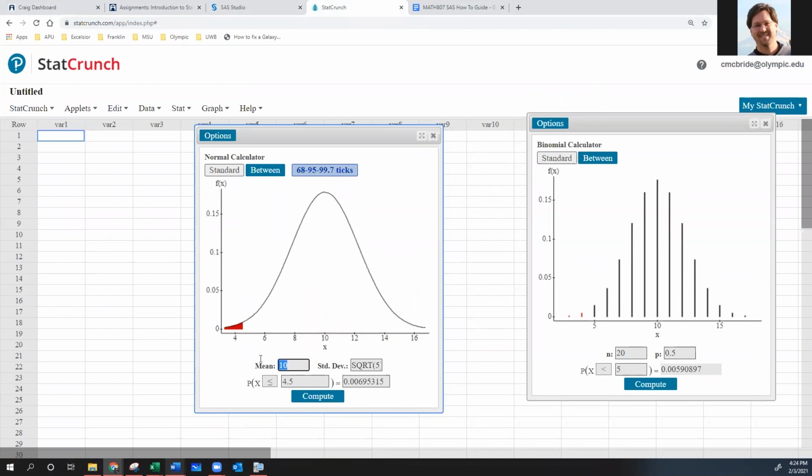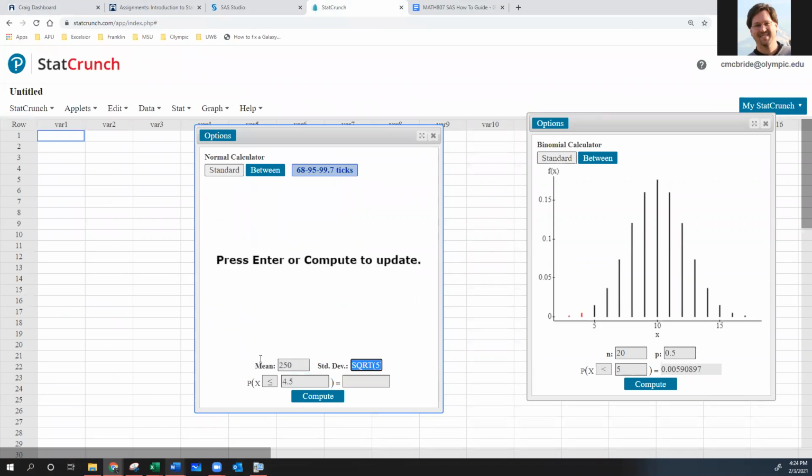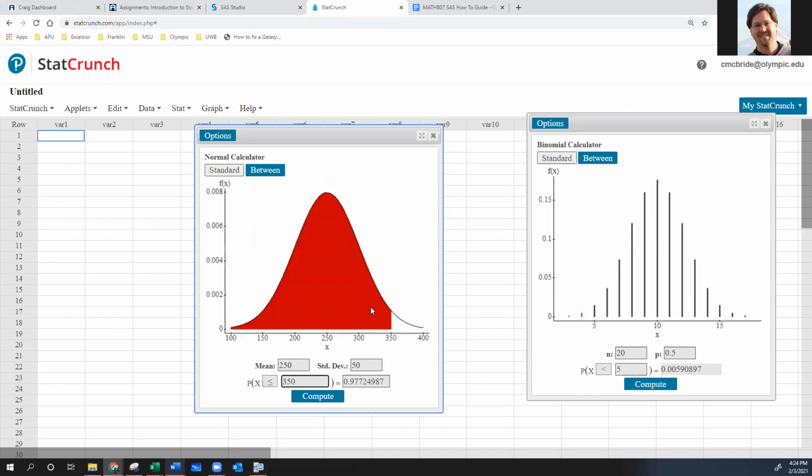So for instance, 250, 50, 350, that visually is what SAS is giving us if we put those numbers into that function. It's a cumulative function, it accumulates all of the area from the far left up to that point X.